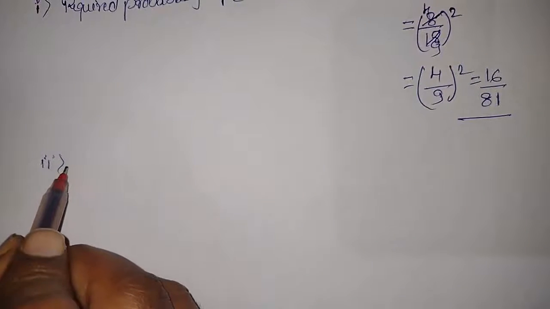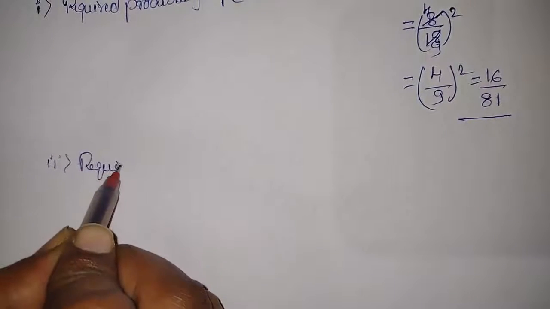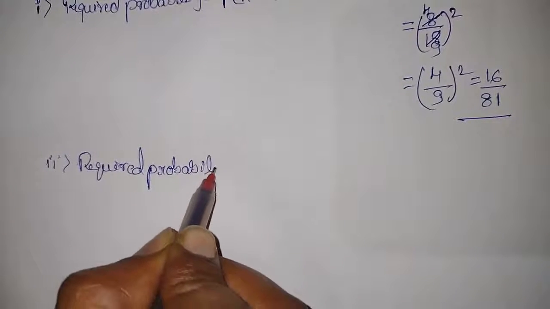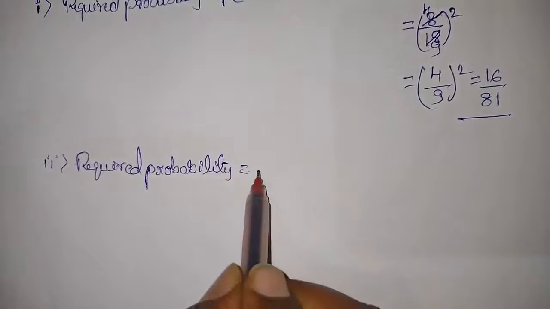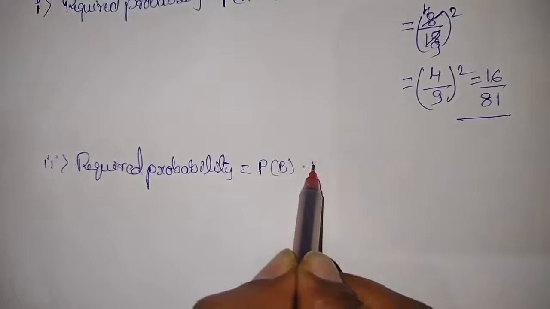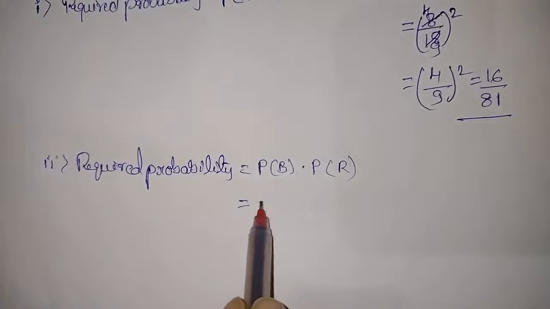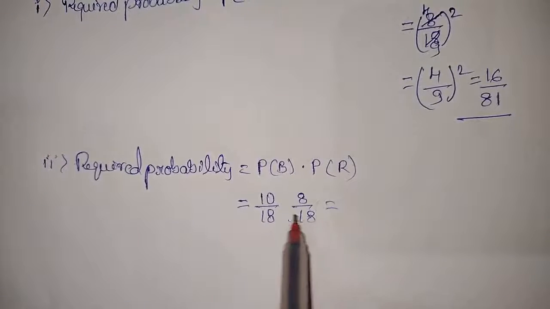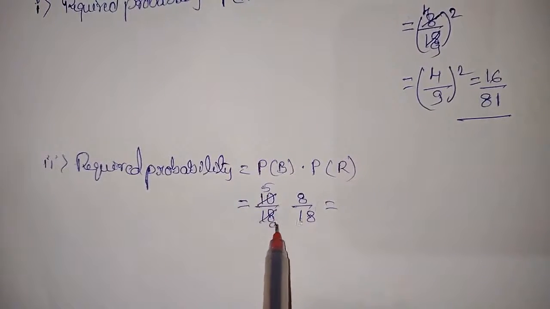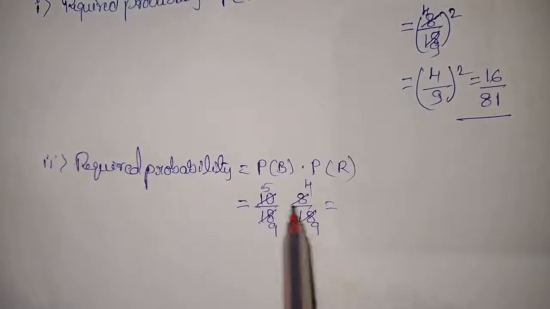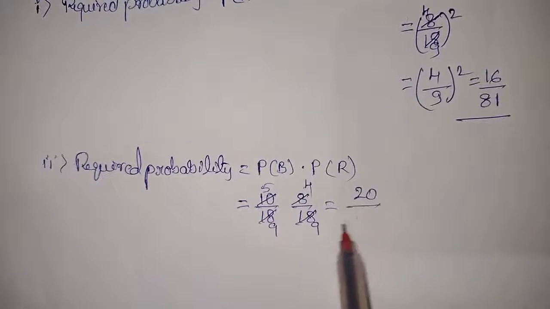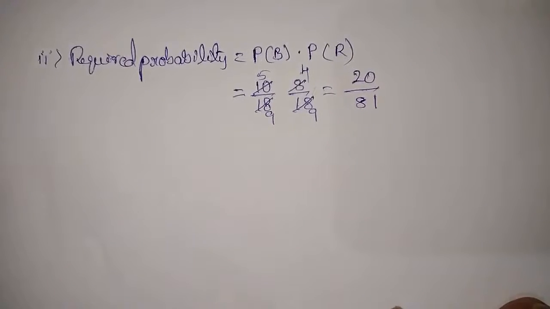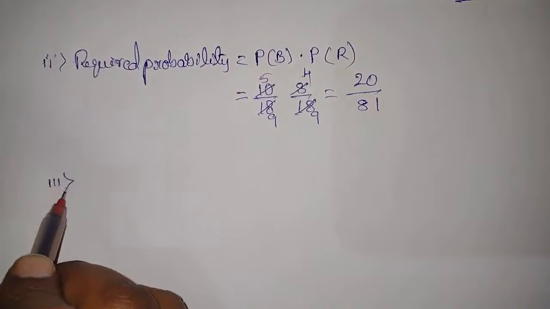The required probability is P of B and R, that is 10 by 18 and 8 by 18. Simplifying, 5 fours are 20, 9 nines are 81, so we get 20 by 81. Clear?